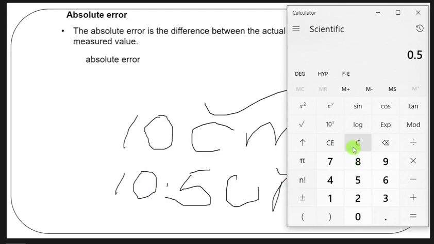That's how it can be. So you can either be away or you can be closer. If you are closer by 9.5, you can still say 9.5 minus the actual, 10, which is equal to negative 0.5. So now you understand a bit here.